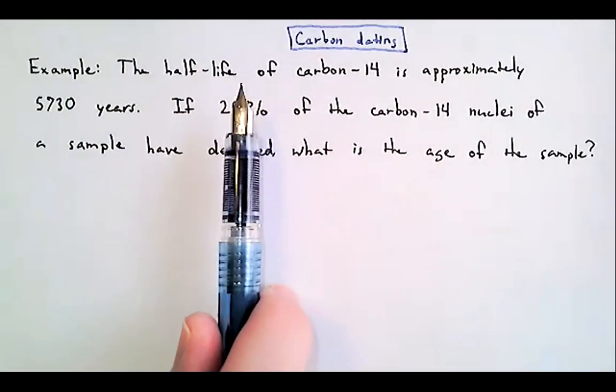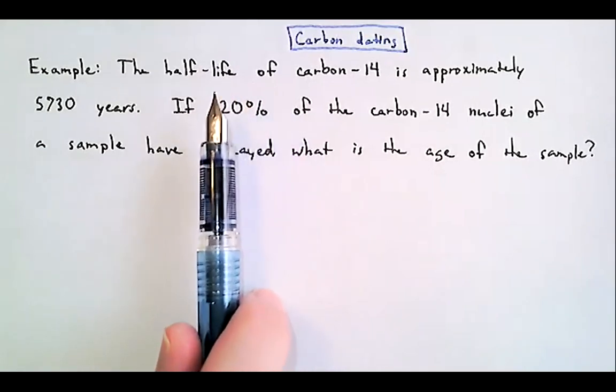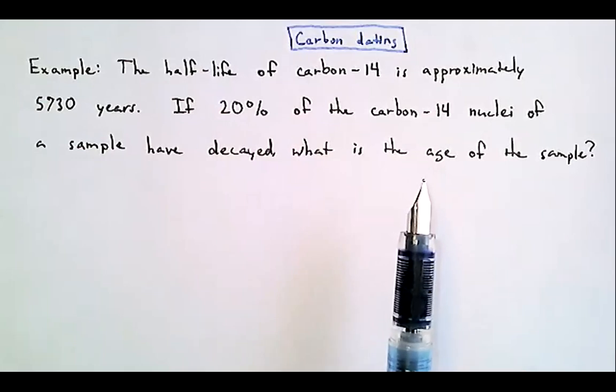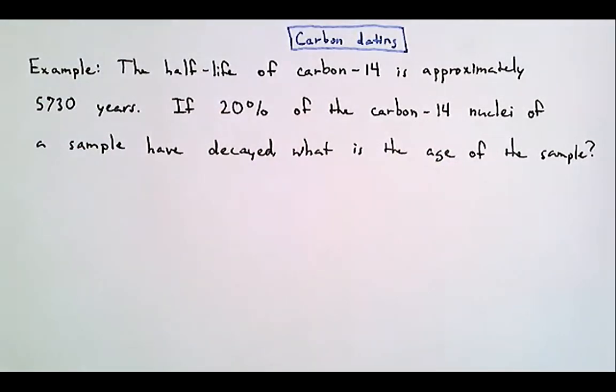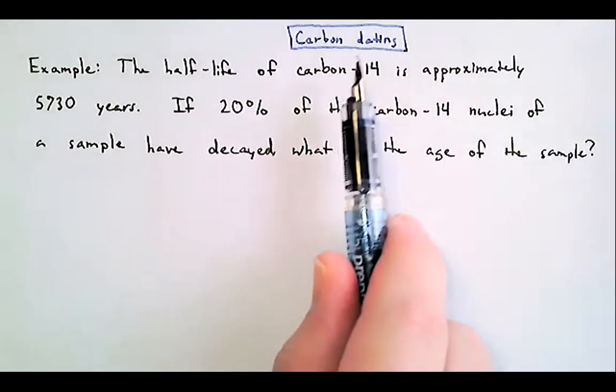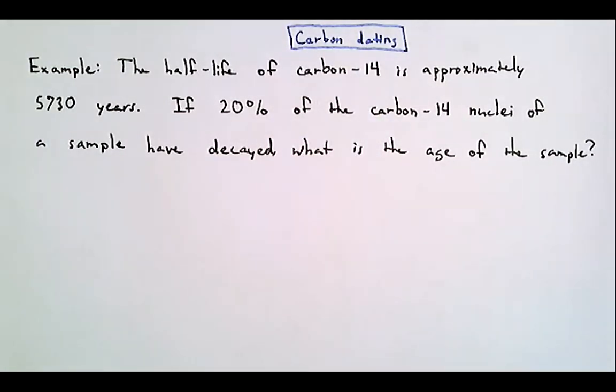So if you can tell the proportion of your sample compared to that constant proportion, then you can do this carbon dating process. And that's a very loose description of how carbon dating works. So that's another topic that you can look up if you're curious.